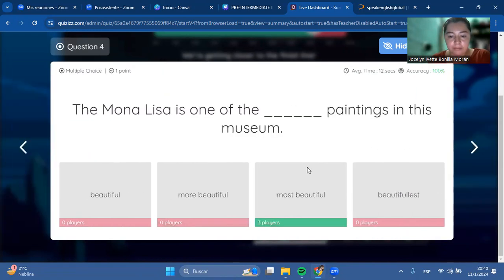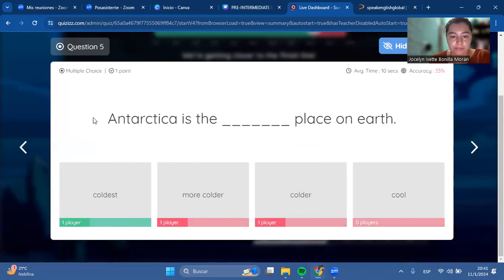Next one. The Mona Lisa is one of the most beautiful paintings in this museum. So if you pay attention, you will have the article, in this case, the. So when you see the, automatically you need to think that it's a superlative because we don't use the in the comparative form.